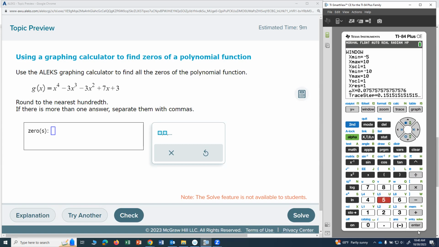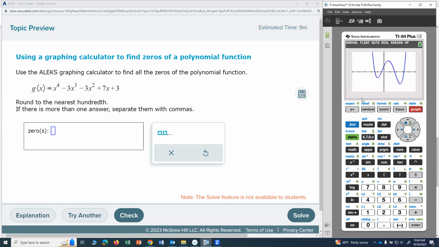So I'll adjust my X min to -5 and my X max to 5, just so I can zoom in a little bit there. So we're looking for zeros, which is the same as the x-intercepts, where the graph crosses the x-axis. So I go to my second trace menu, and I'm going to select number 2 for 0.